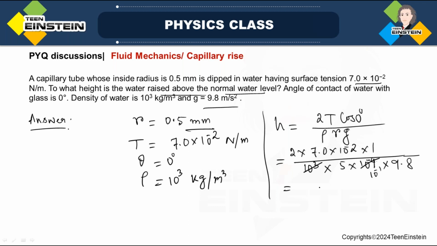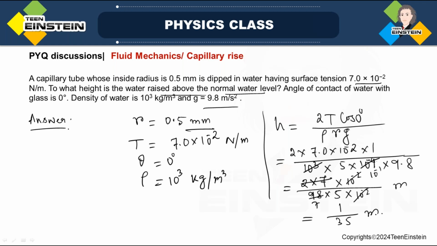Okay, look then what we are getting. 2 into 7 into 10 to the power minus 2 in the numerator, and in the denominator we can write 98 into 5 into 10 to the power minus 2. So this is in meter so far. Okay, so 14 over 98 times 1 over 5, so you get 1 over 35 meter.